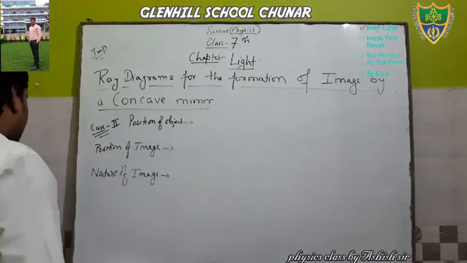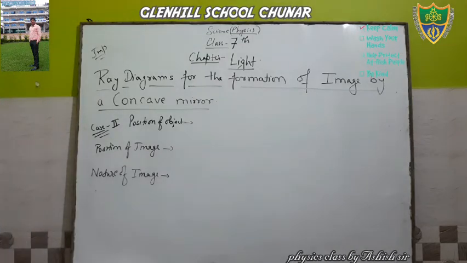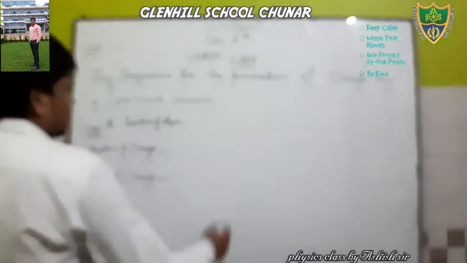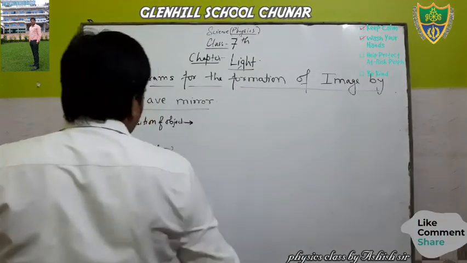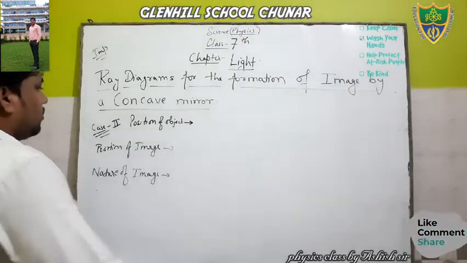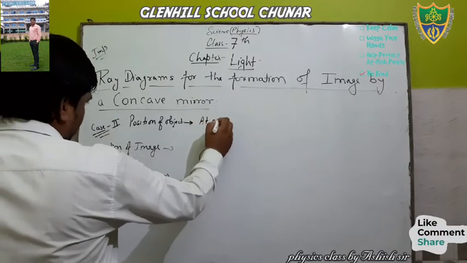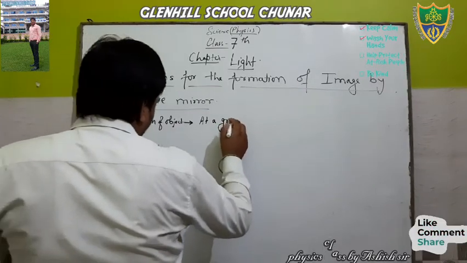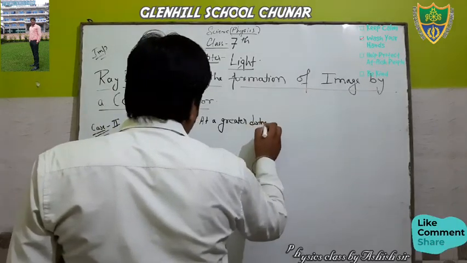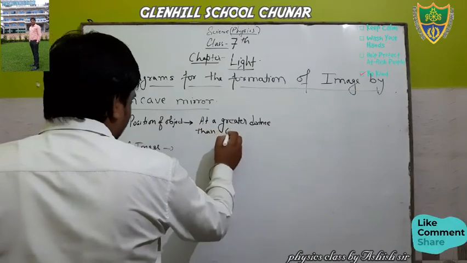Okay, so first, what is the case second? The position of object is at a greater distance than C. Then C, C is what?